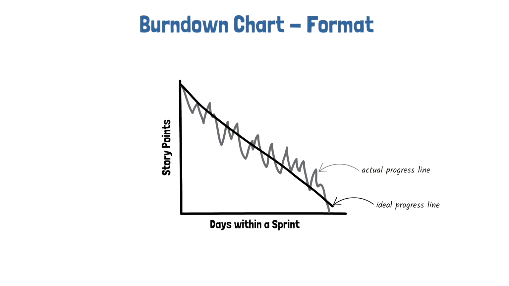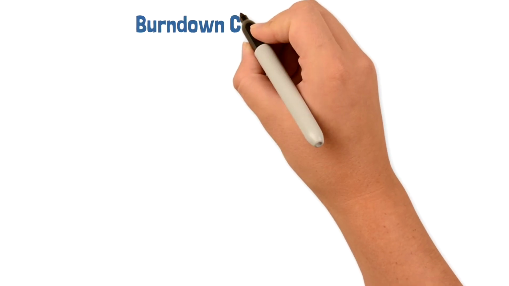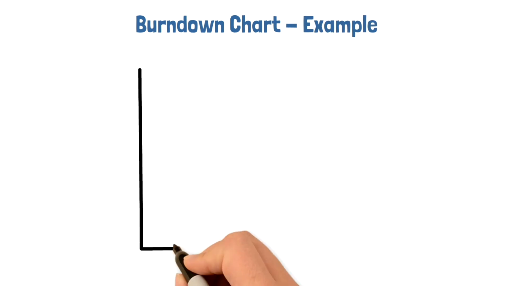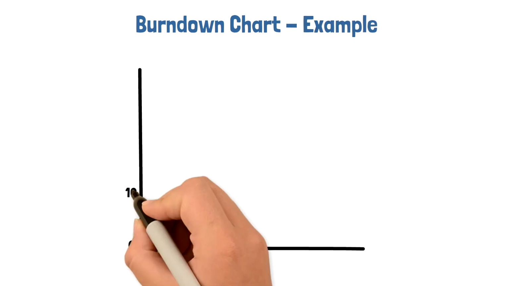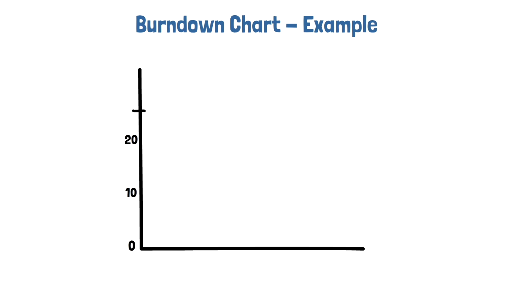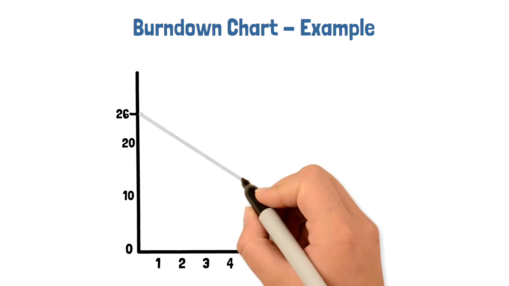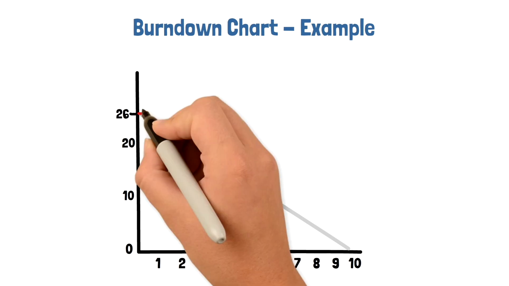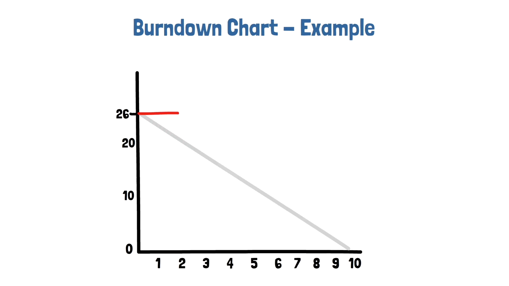Let's use our sprint 1 example from earlier. If we start our 2-week sprint with 26 story points, the vertical axis will show the story points with the top displaying 26. The horizontal axis will show the sprint days, in our case 2 weeks, which are 10 business days. Once the sprint starts, every day that goes by, the burndown red line moves to the right.